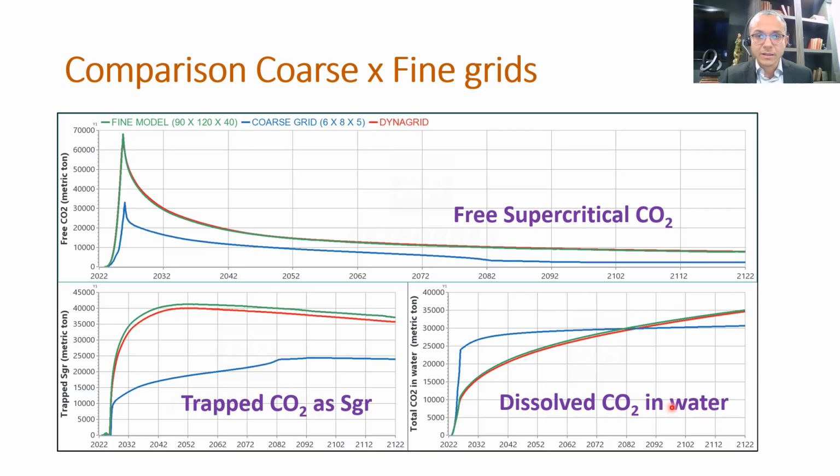The results for the coarse grid are in blue, for the fine grid in green, and the results for the dynamic grid in red. During 100 years of simulation, no CO2 mineralization or mineral dissolution was generated.